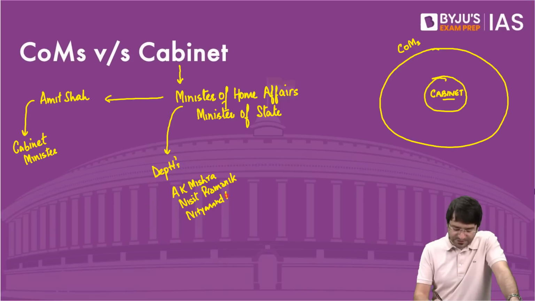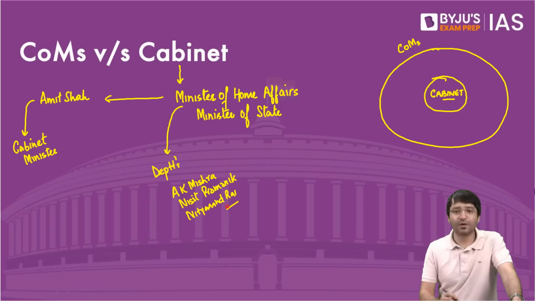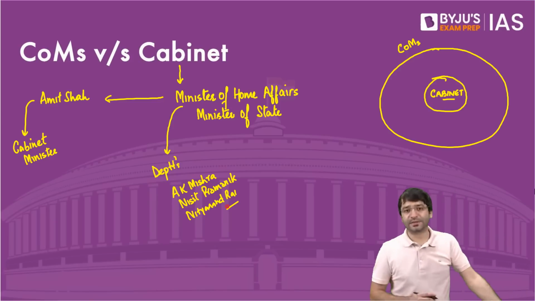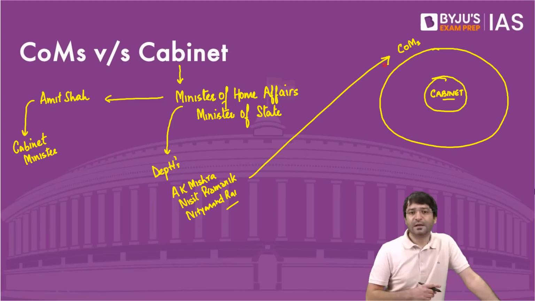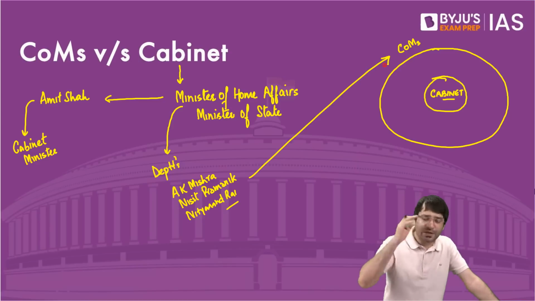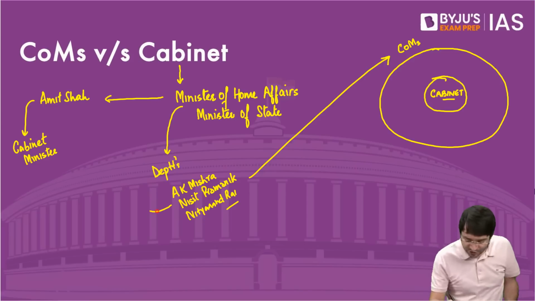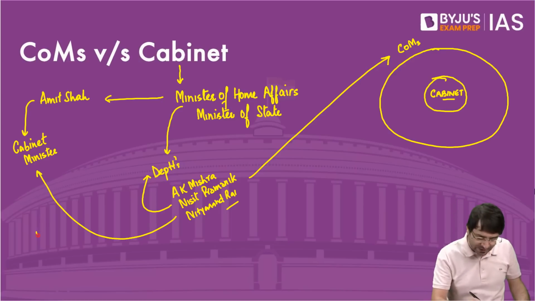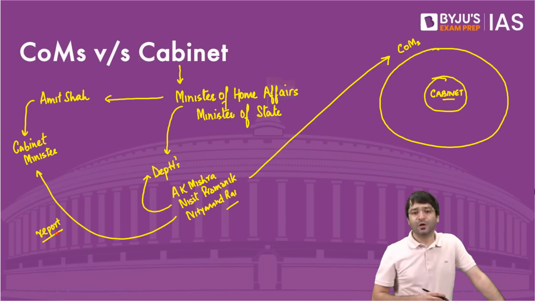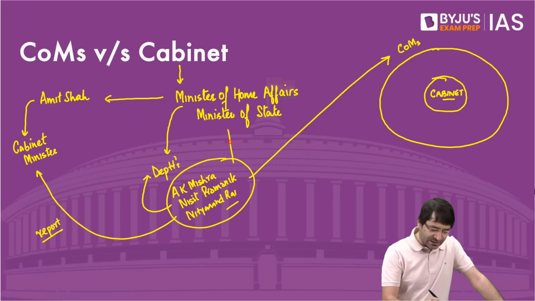For example, Mr. Nityanand Rai. Who are these individuals? They are also part of Council of Ministers, but they do not head the entire ministry. They are in charge of one or more departments within the ministry. And then these individuals report to the Cabinet Minister. So we call them Minister of State.